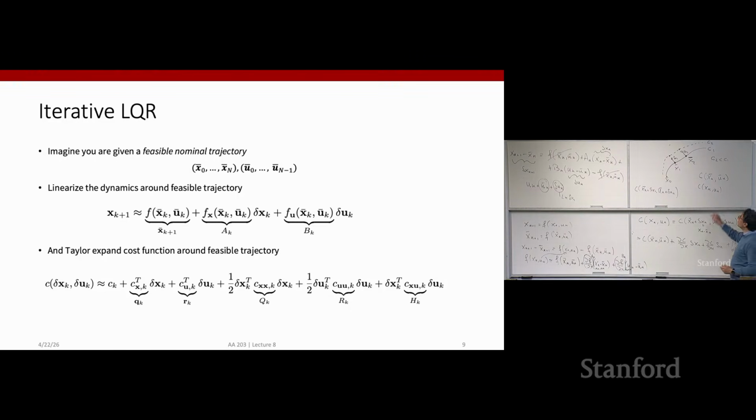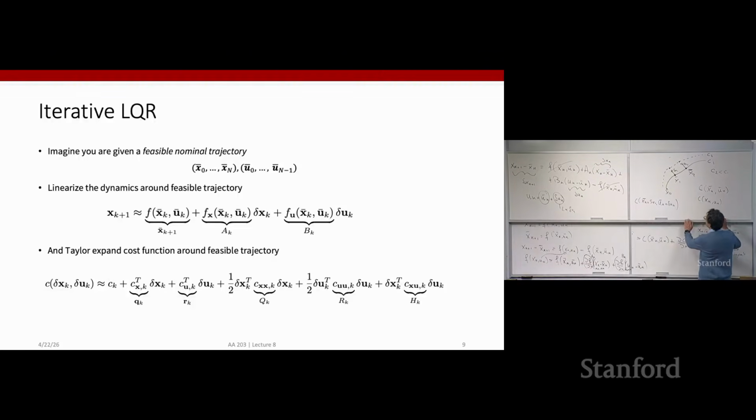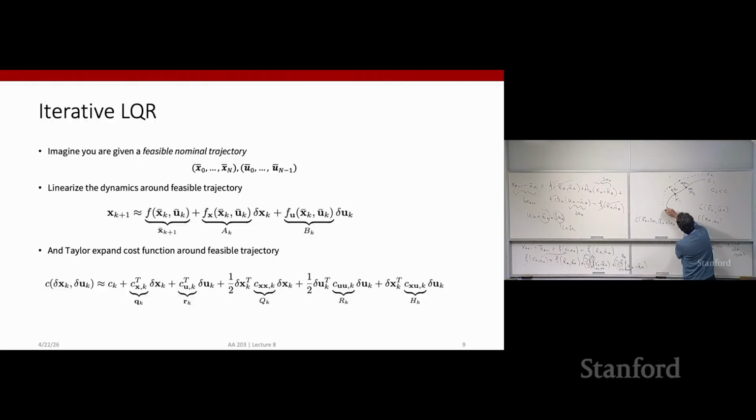So going back to this drawing here, essentially we are considering an approximation of our cost function that allows us to inform the direction along which we want to deform our trajectory. Does it make sense?